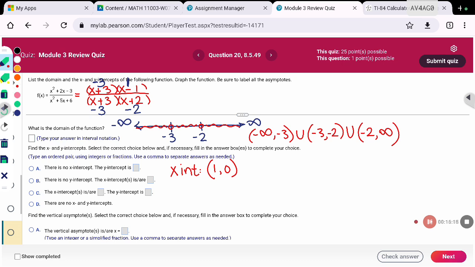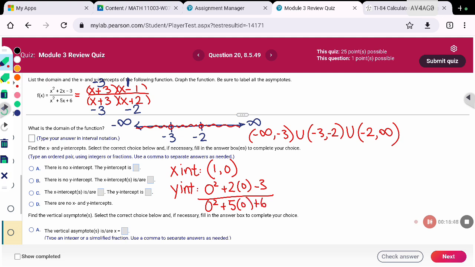The y-intercept you get from replacing all of the x's in the function with zeros. So if I do that, I would have 0 squared plus 2 times 0 minus 3 over 0 squared plus 5 times 0 plus 6.